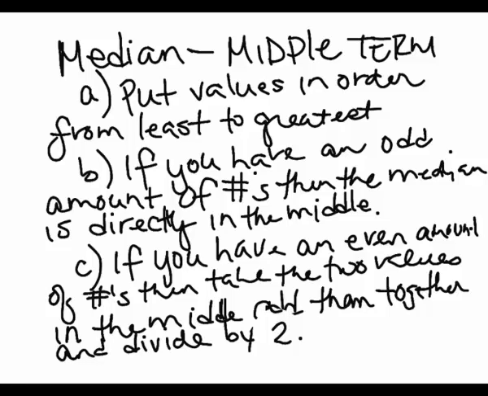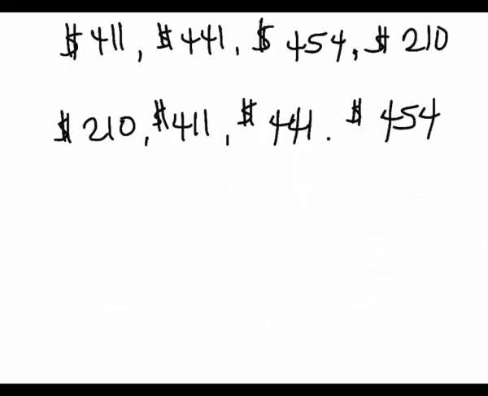Okay? So let's look at the values from the car again. Here were the values that I gave you before. 411, 441, 454, and 210. So the very first thing I did was put them in order from least to greatest. So 210, 411, 441, and 454.